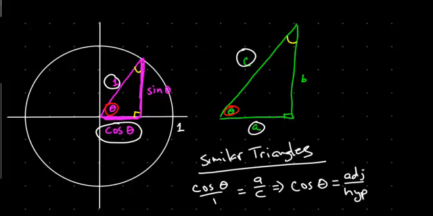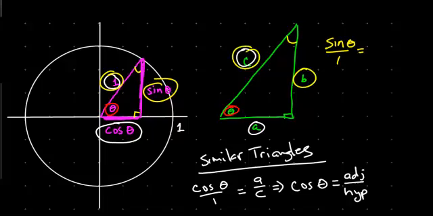And sine theta over 1, by similar triangles, is going to equal B over C. That tells me that sine theta equals opposite over hypotenuse, just as we had before.